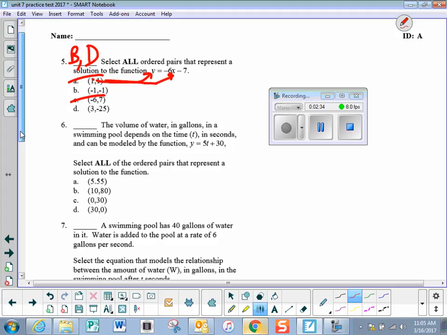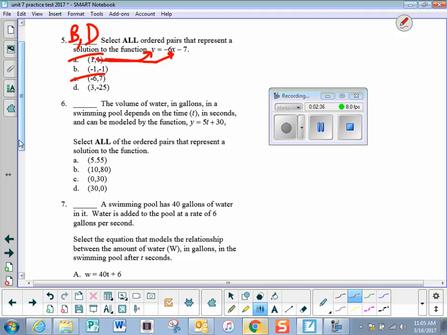Number 6, same thing as number 5. When I plug in 55, does that work? Does 55 equal 25 plus 30? Yes. Does 80 equal 50 plus 30? Yes. Does 30 equal 0 plus 30? Yes.